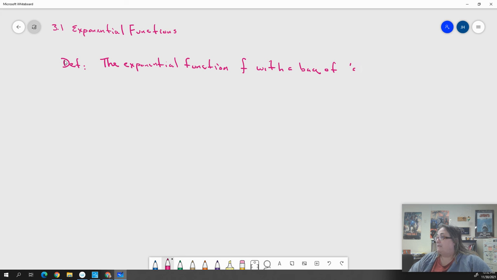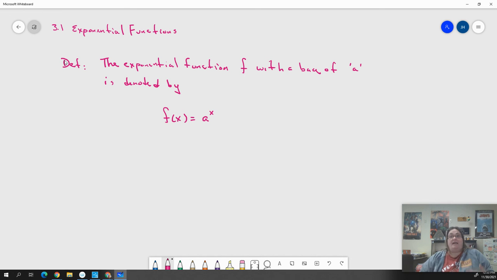I'm just going to put the a like so that you see that it's a letter, not a word. Is denoted by f of x equals a to the x power.